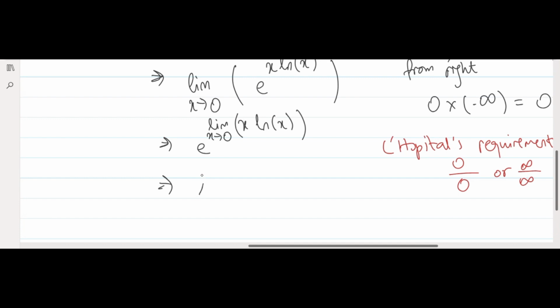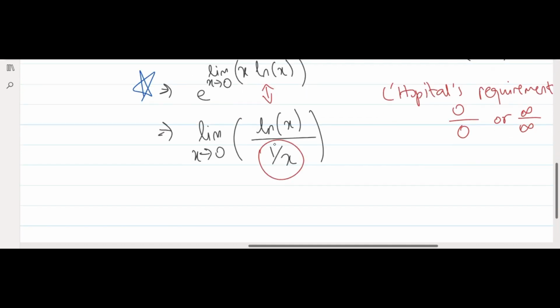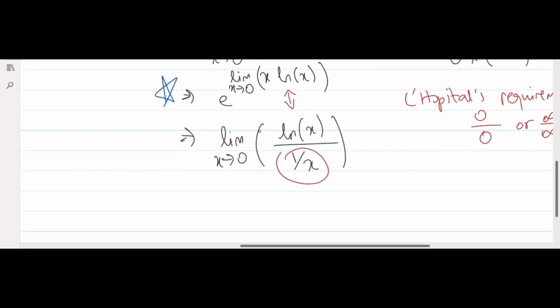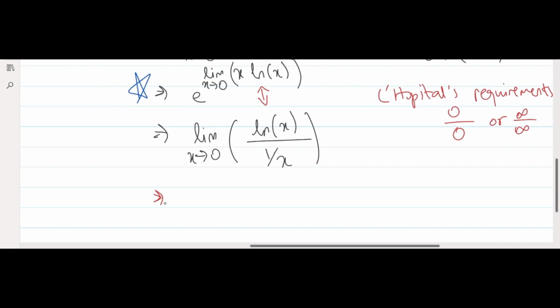So limit, I'm just going to consider the power here. I restate the actual expression before continuing so that you don't get lost and I don't get lost. This is a common thing mathematicians do to get expressions in L'Hopital's form, a form in which they can apply L'Hopital's rule, because 1 upon x as x approaches 0 just approaches positive infinity, and ln x as x approaches 0 from the right hand side, we are considering the right hand side, by the way.